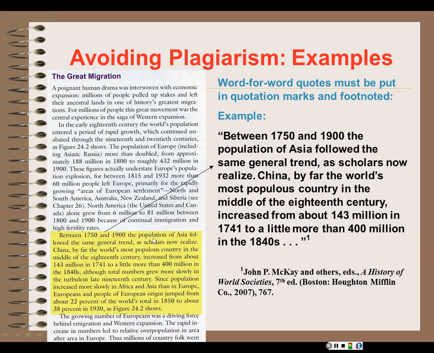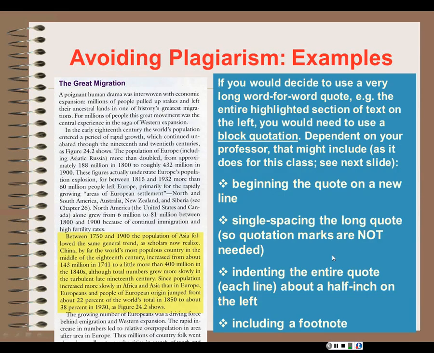Here I am directly quoting word for word, that is verbatim, out of this source. Therefore, I need to put the word for word verbatim words, sentences in quotation marks, and I need to go ahead and footnote them. Now, again, I could use them as a footnote, or I could have put just here an in-text note right after them.